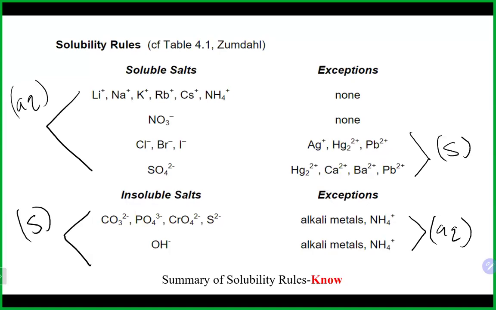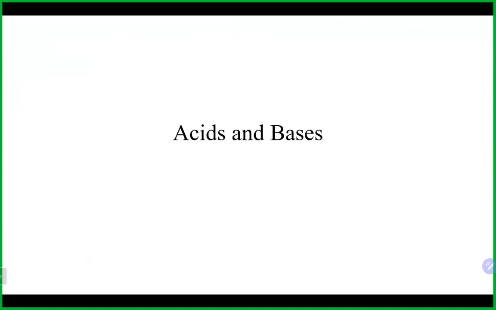Okay, so let's just say we wanted to combine silver nitrate and sodium bromide. Why don't you write the rest of the equation and also balance it? Maybe we'll do it on this side of the room.